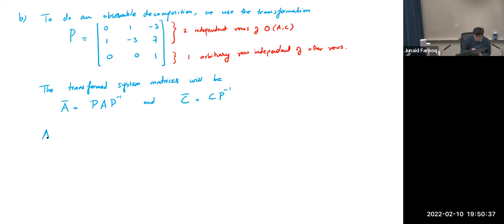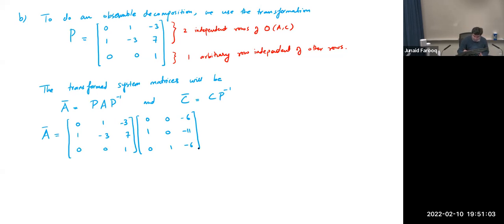So I will see A bar being this matrix P, and I use the old A matrix, which was [0, 0, -6; 1, 0, -11; 0, 1, -6], and finally P inverse. I've already computed the inverse, so you can verify it at your end.